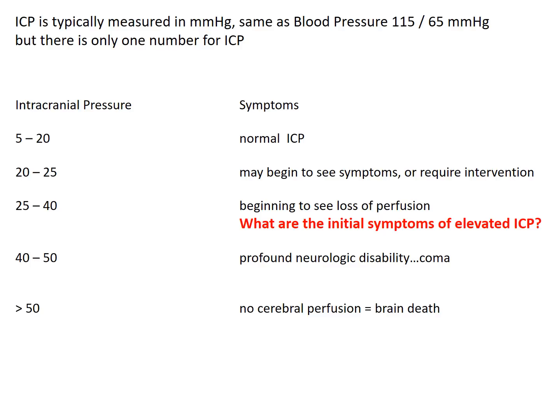Remember, we talked about mean arterial pressure in cardiovascular. Mean arterial pressure is that pressure which is leading to perfusion of organs. If intracranial pressure is greater than mean arterial pressure, then you can't get blood flow up into the brain. And when there's no blood flow up into the brain, no cerebral perfusion, then we refer to that as brain death, not getting any blood flow up in the brain.